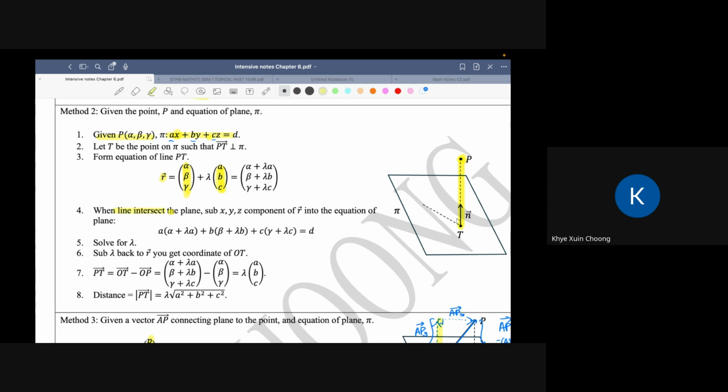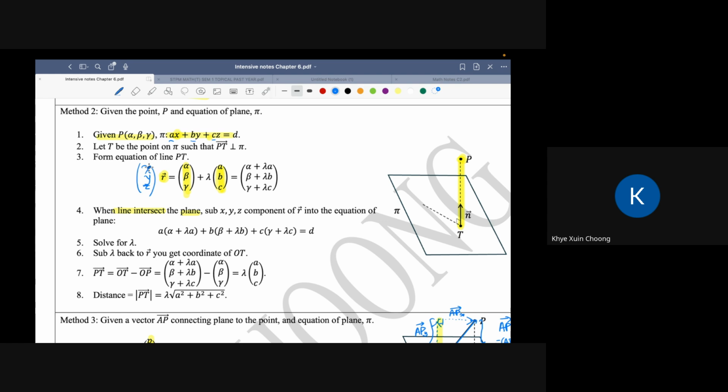When the line intersects with the plane, we want to find the point T. When you say that the line intersects with the plane, actually the r, the XYZ of the line equation, equals the XYZ of the pi equation. So the r over here is actually x, y, and z.